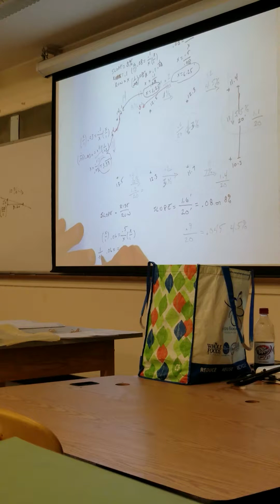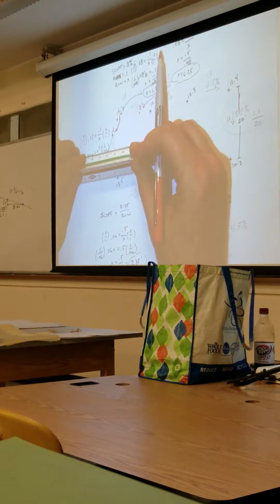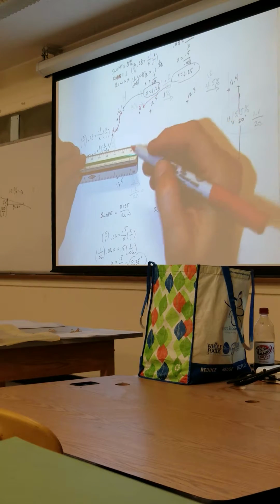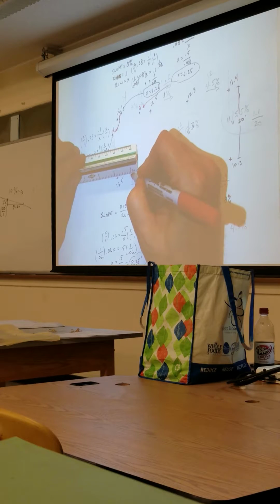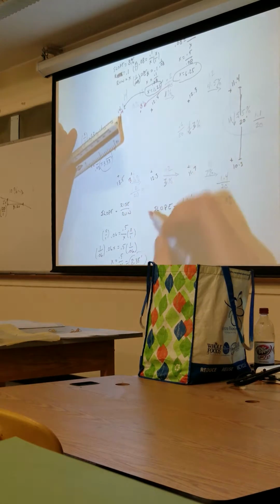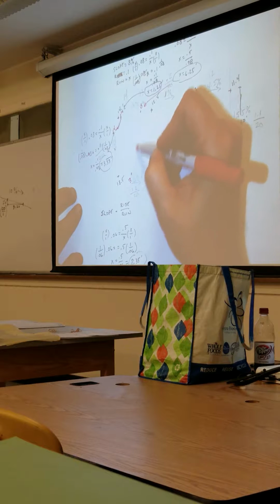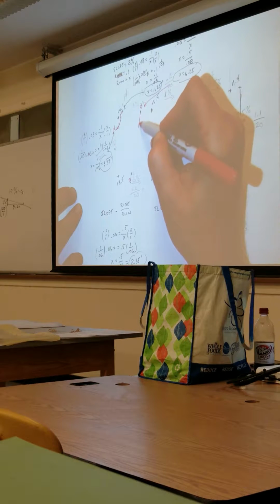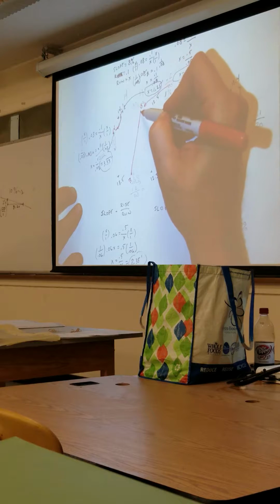Divide both sides by 0.06. x is equal to 0.5 divided by 0.06, which is, anybody? 8.3 bar. 8.35 feet. So 8.35, somewhere right about there, is 13.